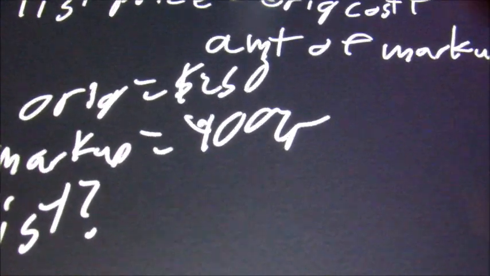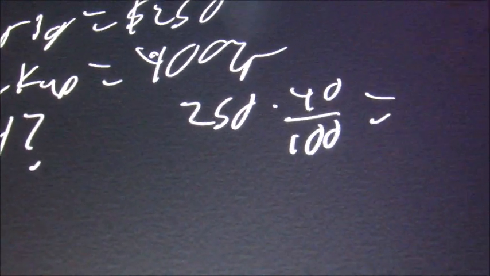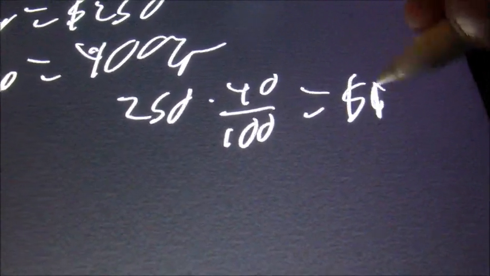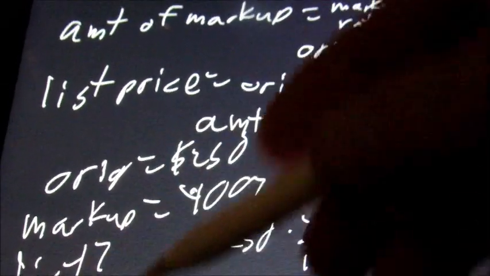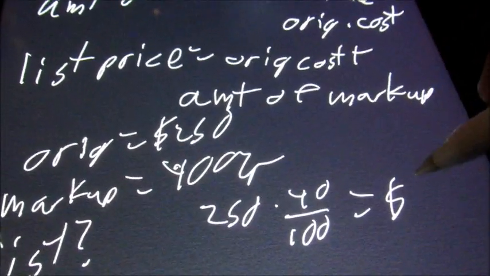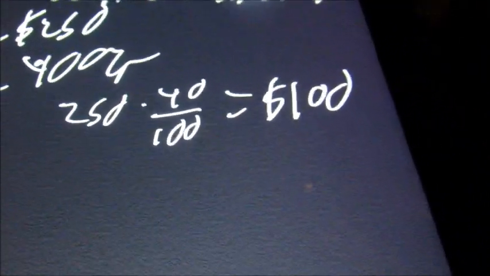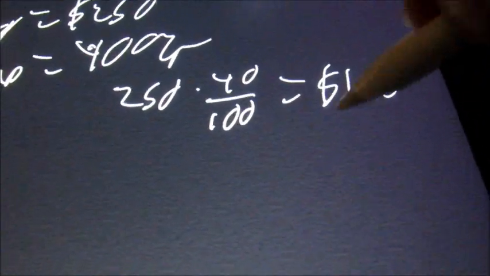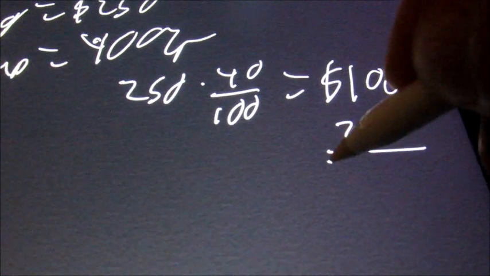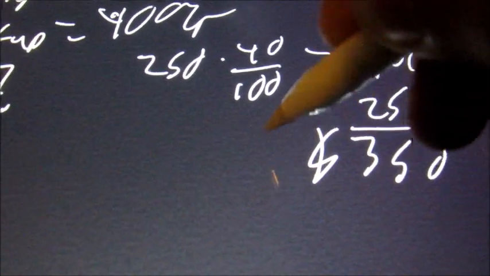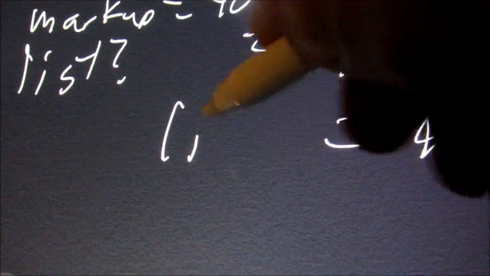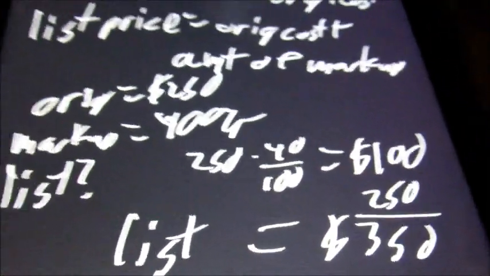To do that, first we have to find what 40% of 250 is. So 250 times 40 over 100, and that's going to equal $100. And so now we're going to add that 100 to the 250, and we're going to get $350 equals the list price.